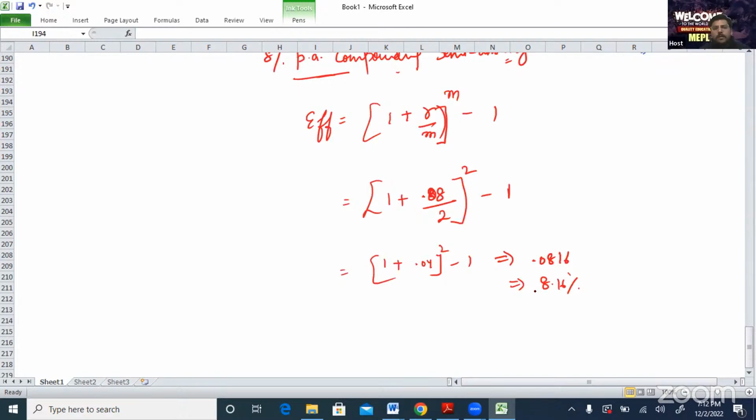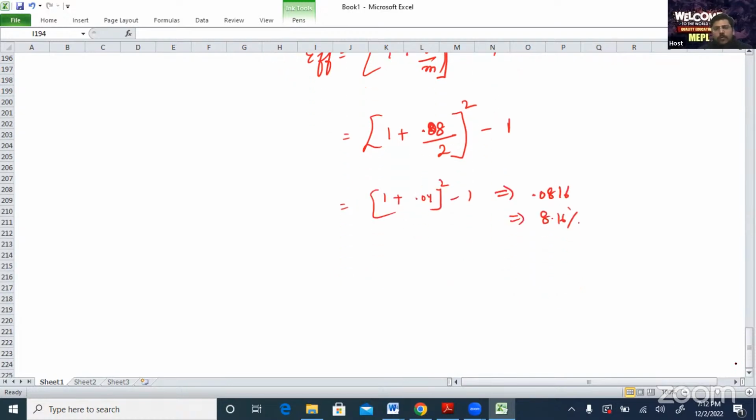Okay. So in this manner, what I can do? In this manner, I can have it. So if I give you a question, what you have to do, let us say I take the same. So return is 8% per annum compounding semi-annually.